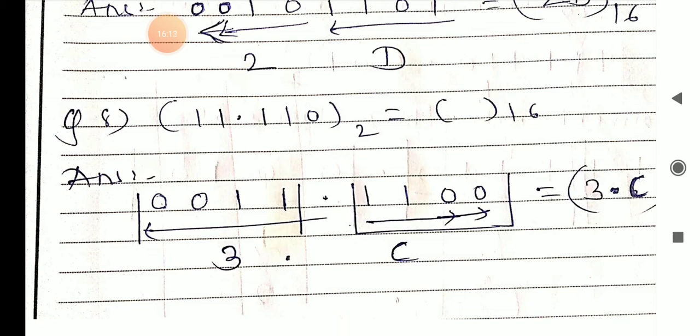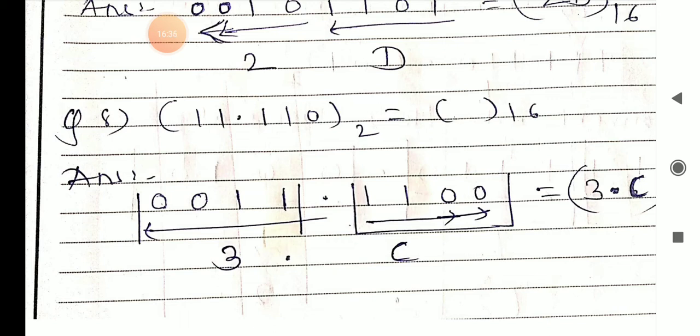From right to left we will move, but in this you have a decimal point. From the dot you have the right side and the left side. Okay, so first on the right side, 110, only 3 digits are there, so you have to add one more 0. I will add one more 0: 1100.